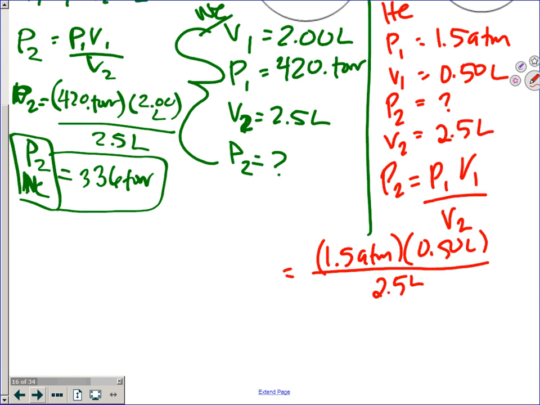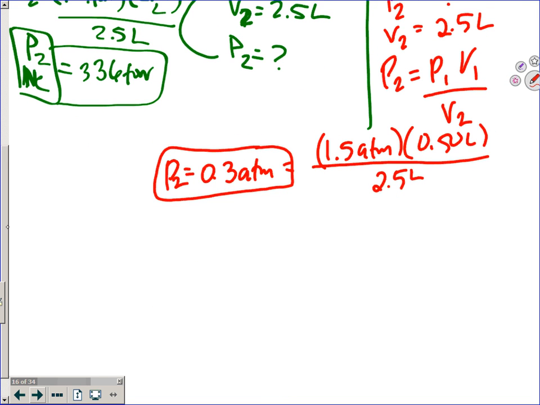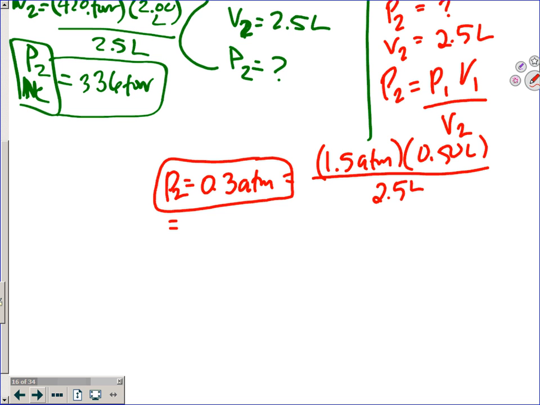What does it say in atmospheres first? 0.3? Yeah. So this is 0.3 atmospheres, which is P2. And then, Megan, what is that in torr? 228. So you multiply by 760. 228 torr. So that's the partial pressure of helium.